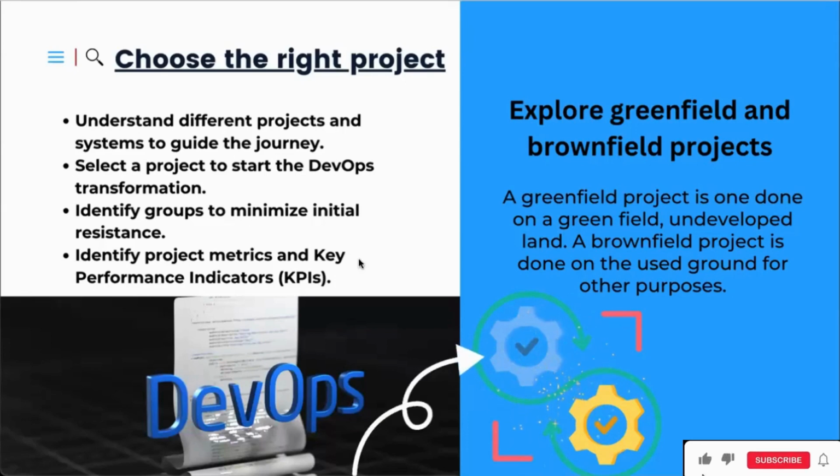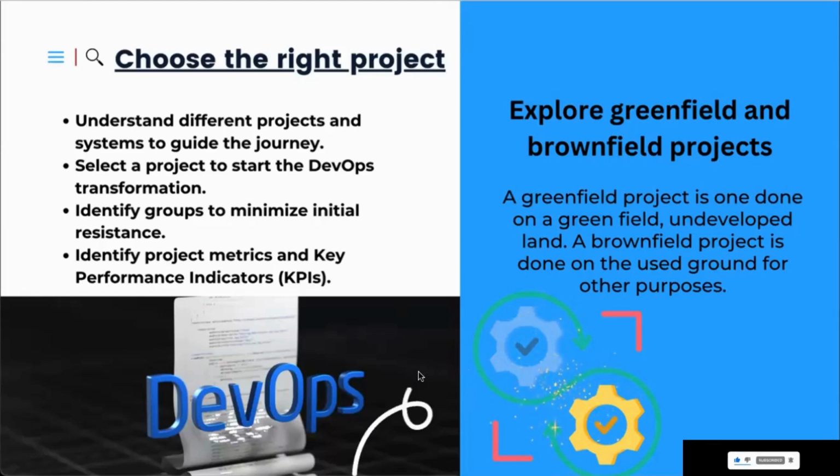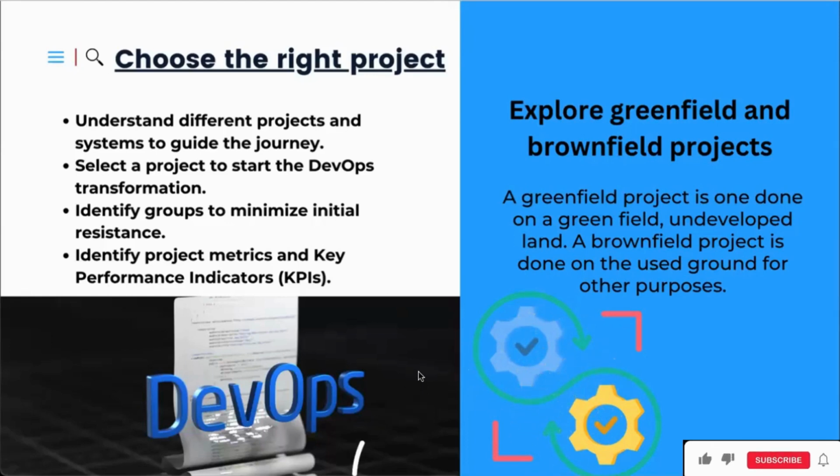When you're going to implement DevOps practice but are not sure what it can do for you, we have to help you make a decision on how to apply the DevOps process and tools to minimize the initial resistance. So this is what it is all about.